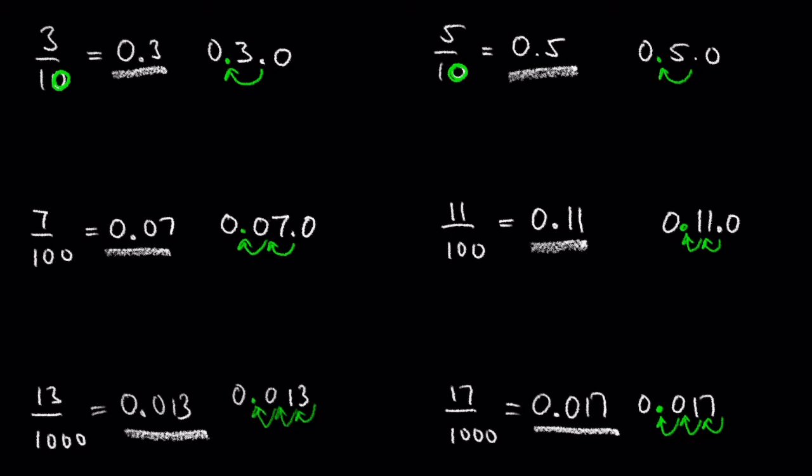When the denominator was 100, which has 2 zeros, we shifted the decimal point of the numerator 2 places to the left. And when the denominator was 1000, which has 3 zeros, we shifted the decimal point of the numerator 3 places to the left.